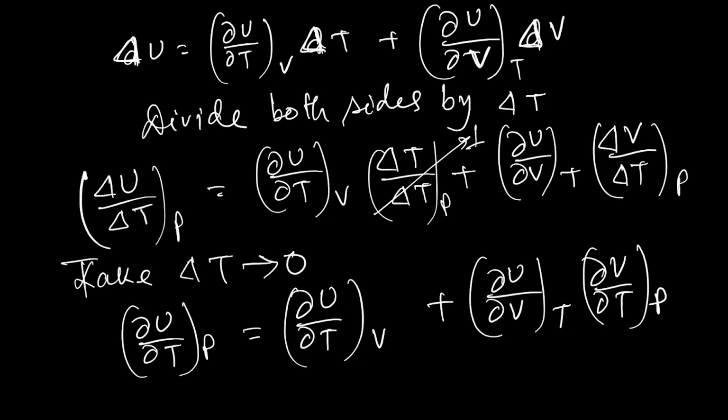Is it clear? If this is clear, then you will have no problem in future taking these partial derivatives. If you have difficulty, always go back to the first principle, and that is why when we talked about partial derivatives last class, we discussed how we get them.